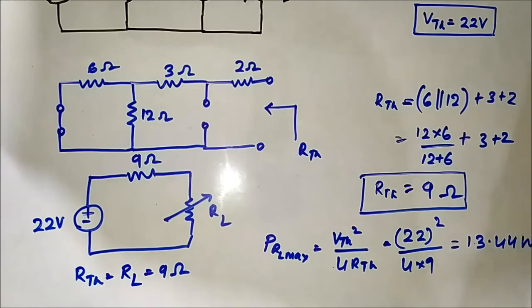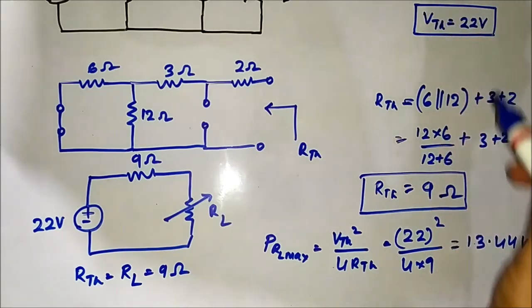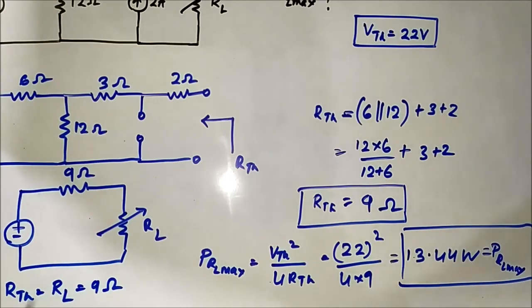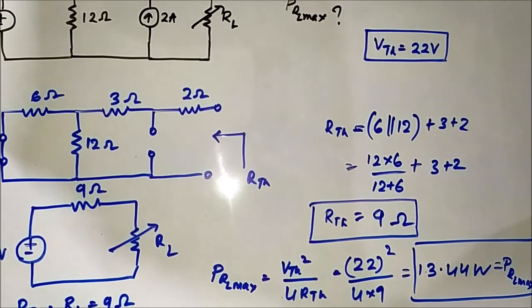So this is PRL max. This is VTH, RTH, and this is PRL max, 13.44 watts. So this is the sixth question related to maximum power transfer theorem.